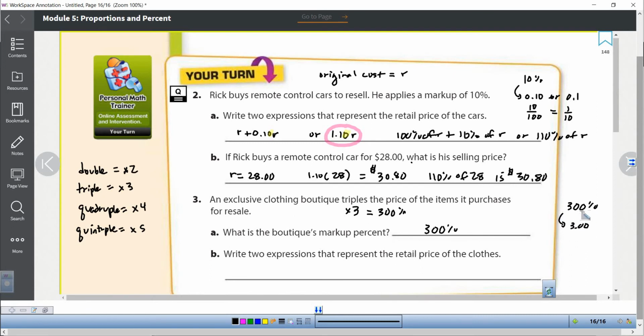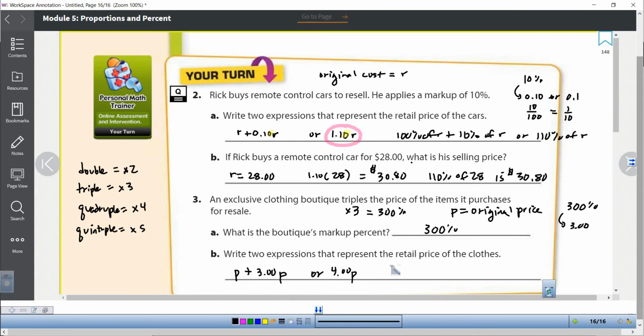If I move the decimal 2 places to the left. All right, so we need the original price, so P is the original price, okay? So that's going to be P plus 3.00P.